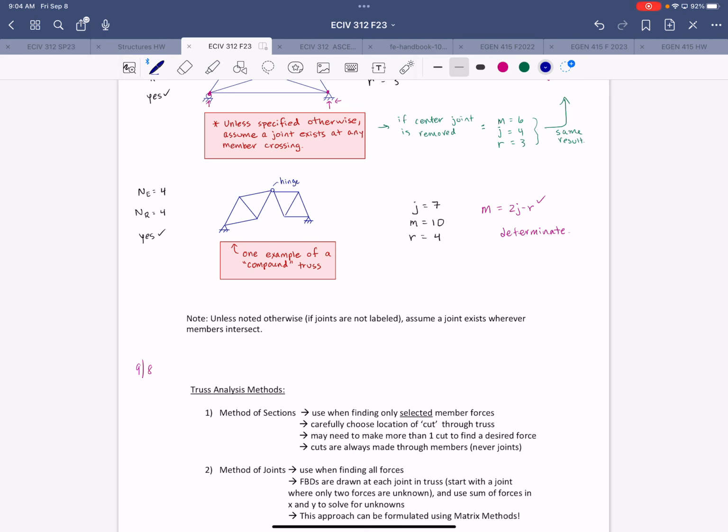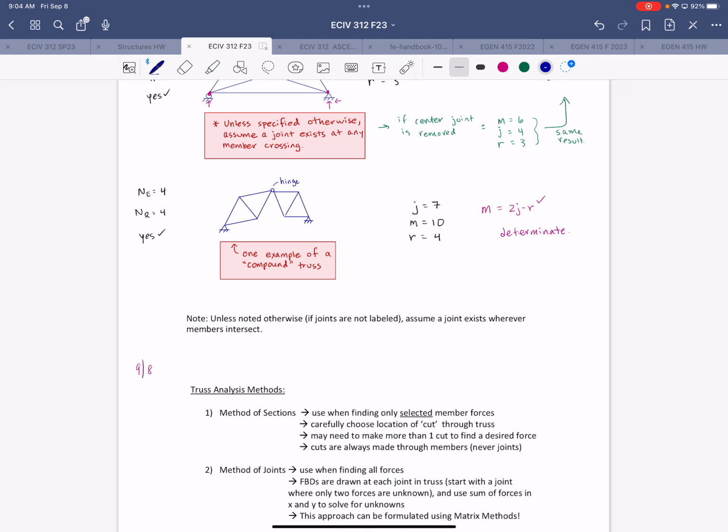So look for those markers of instability, and if you don't find them, then that's a good indication that your structure is stable. And then, of course, the other check is if NE is greater than NR, then it's definitely unstable, right?